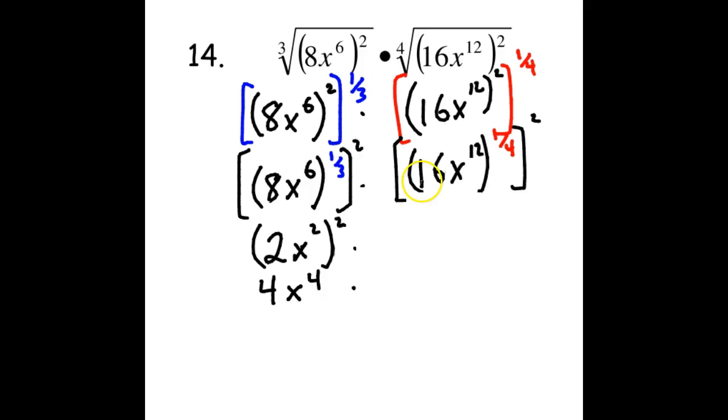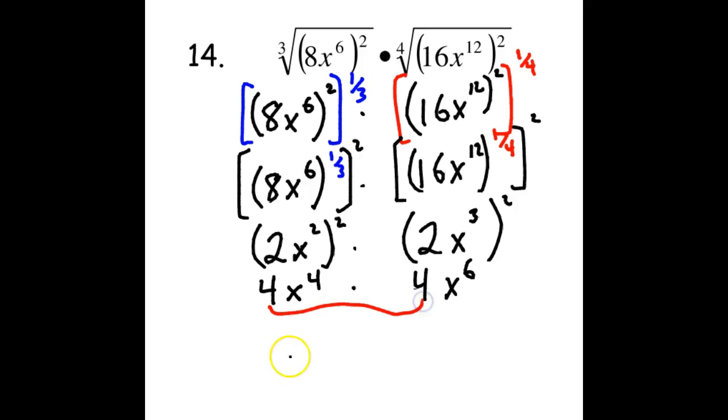What times itself 4 times is 16, and you'll get 2. And then 12 divided by 4, you get 3. And that can square, so I'll have, once again, 2 times 2, and then here it's multiply the exponents, 6.